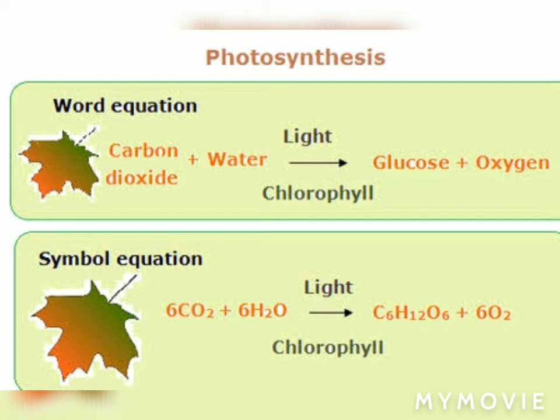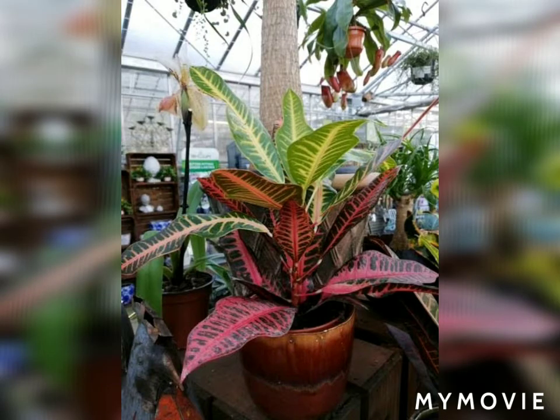The presence of starch in the leaves indicates the occurrence of photosynthesis. Starch is also a carbohydrate. If we want to test for starch, there is an iodine test. Say there is an activity. Take two potted plants of the same kind, keep one in the dark for 72 hours and the other in sunlight.